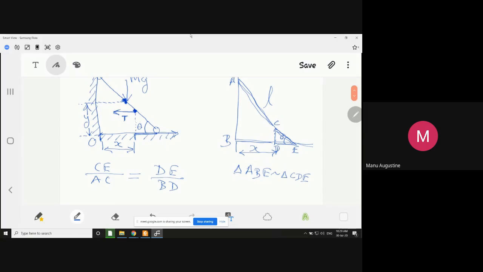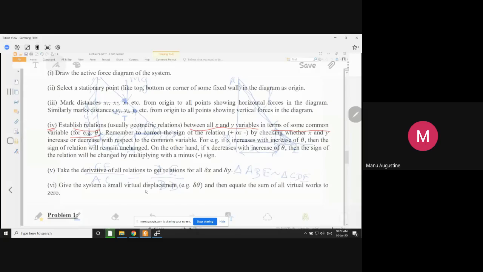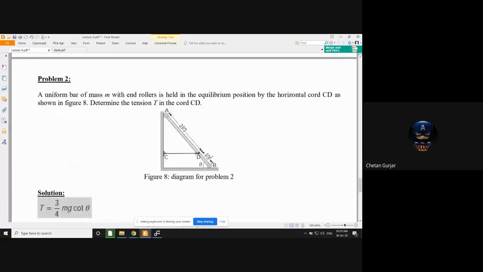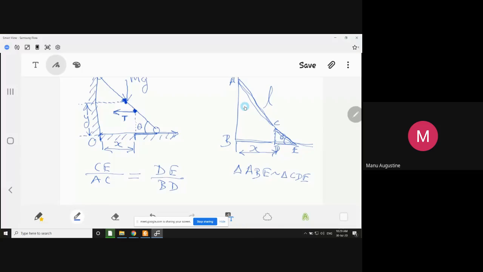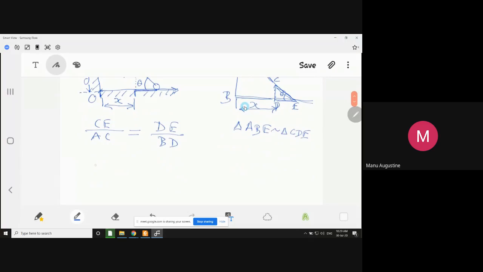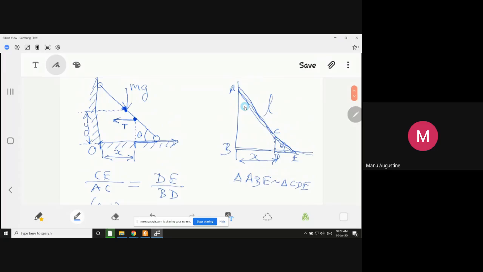What is CE? If you look in the original figure, it is L by 3. So I will write CE as L by 3 divided by AC. What is this distance?